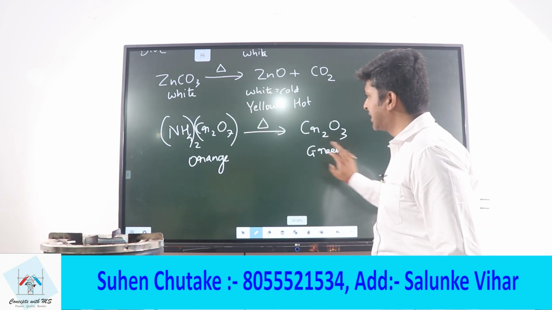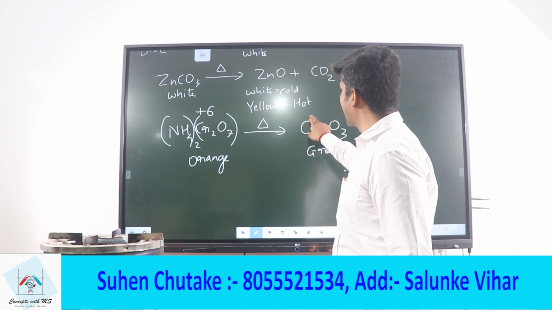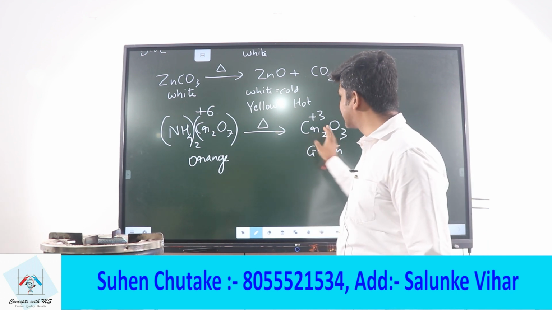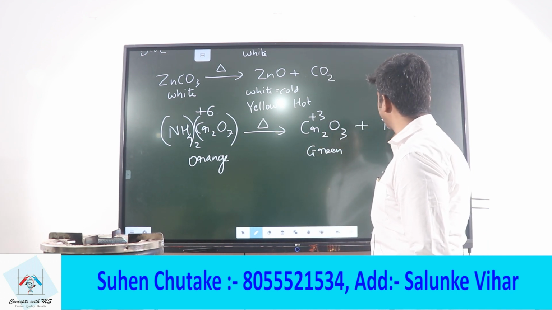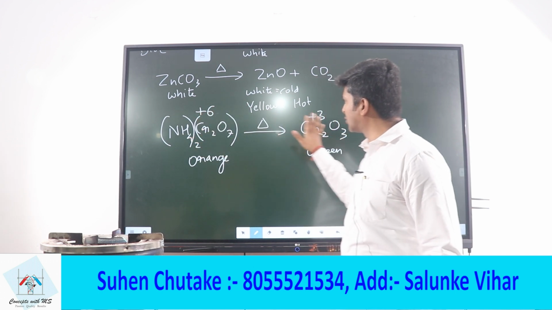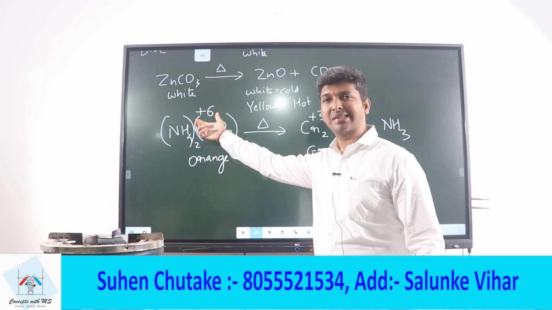Basically, what's happening is this +6 oxidation number of chromium has been reduced to +3. And that's the reason why ammonia gas will also be evolved over here, and we'll balance the reaction later probably. So +6 to +3 is what is happening over here.